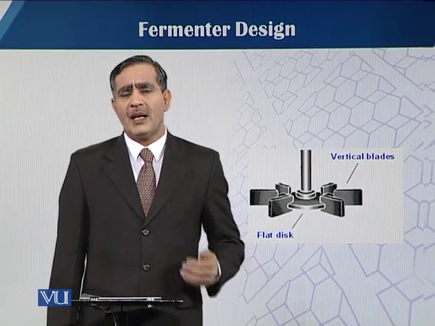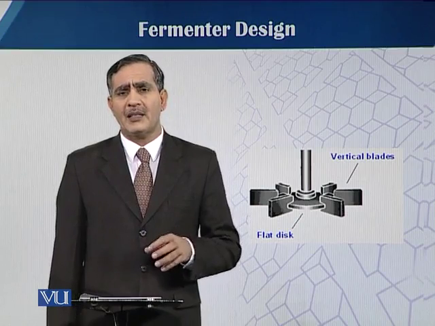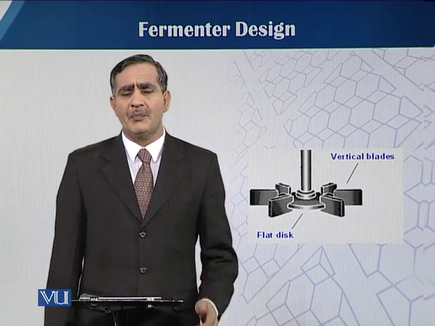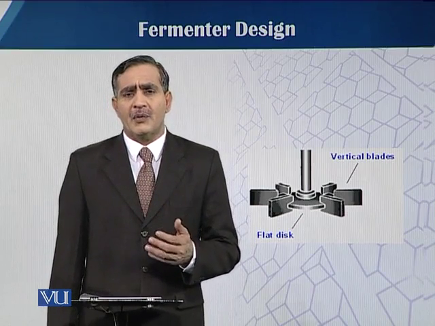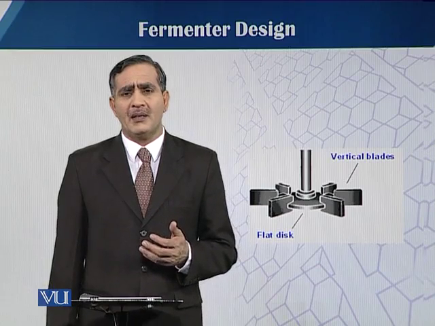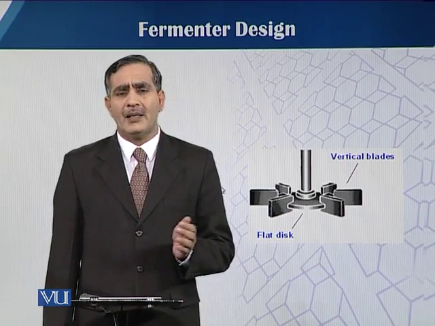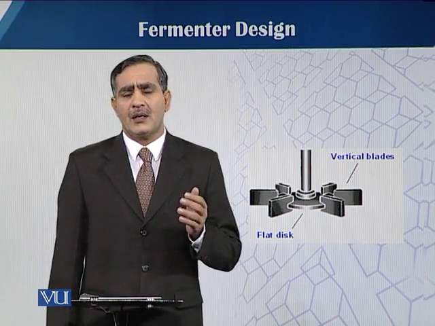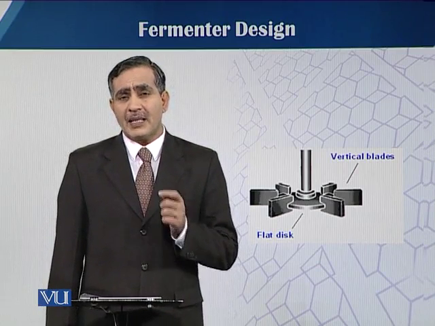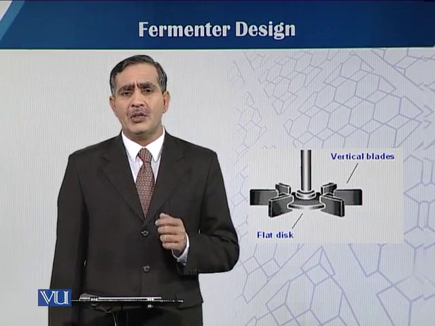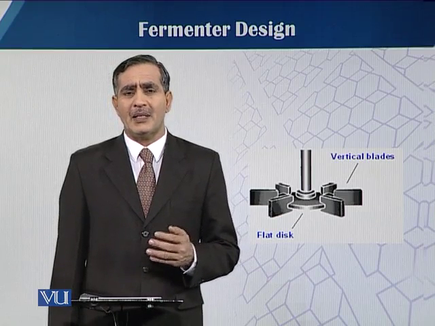As we have already discussed, when we use radial flow impellers, or in other words Rushton turbine impellers or disc turbine impellers, they require more energy consumption. But that energy consumption is mostly used to rupture the air bubbles.